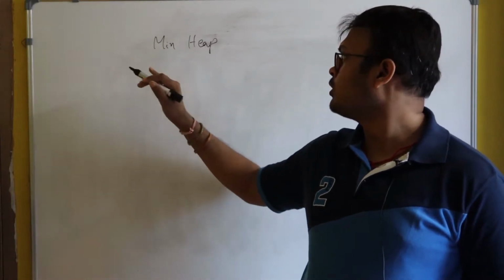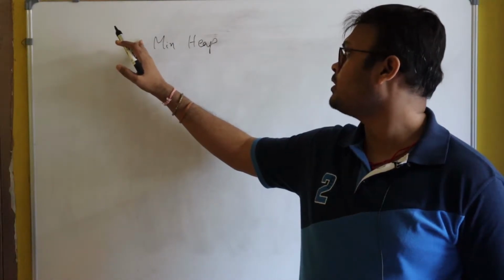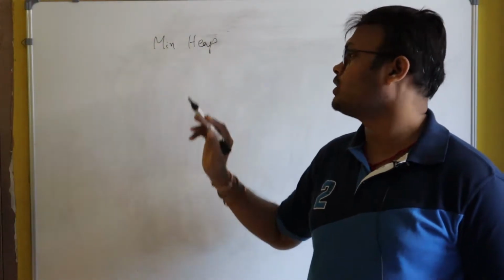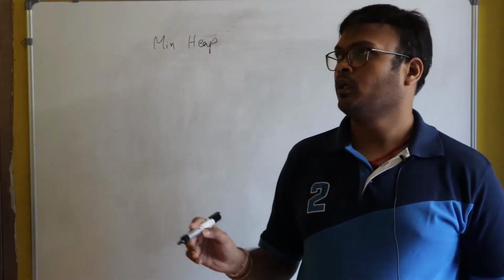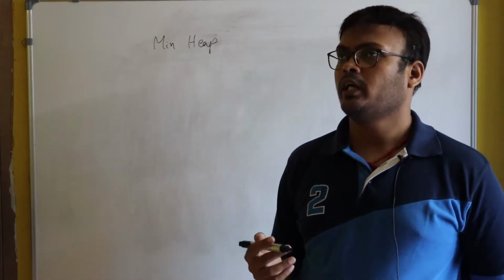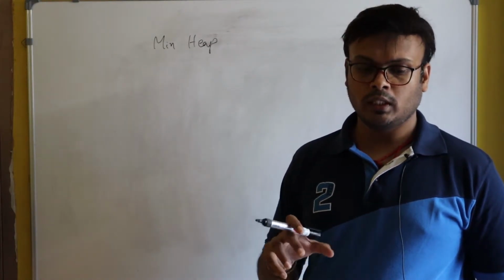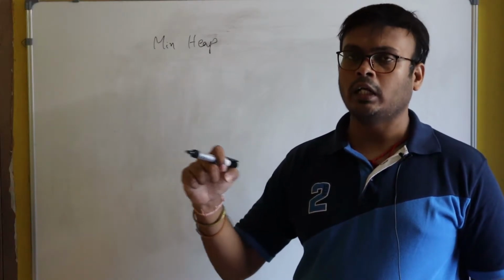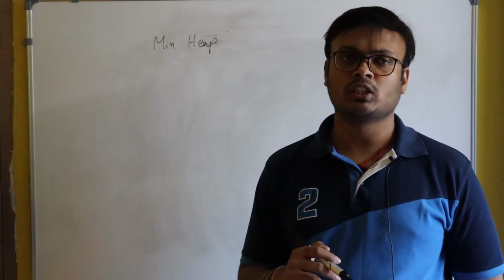So just for the time being, remember this point, that the SRTF algorithm uses the min heap data structure, because this data structure has the property to select the minimum value. I will tell you in detail while teaching data structures.